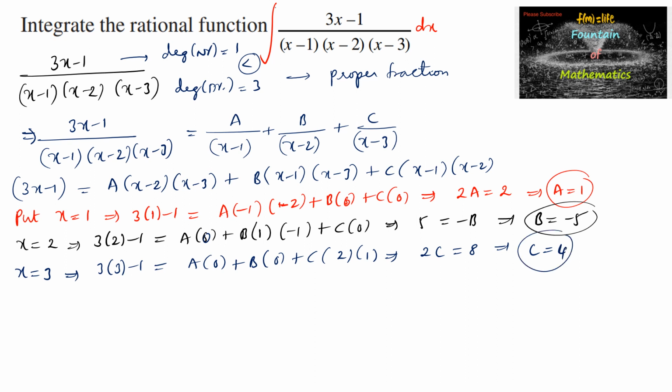So we got the constants a, b and c, and hence we can write the integral 3x minus 1 upon x minus 1 into x minus 2 into x minus 3 dx.